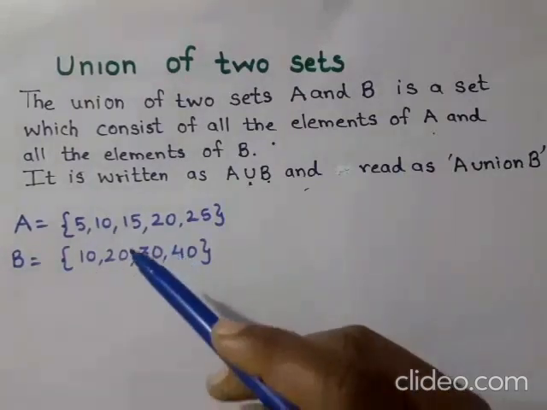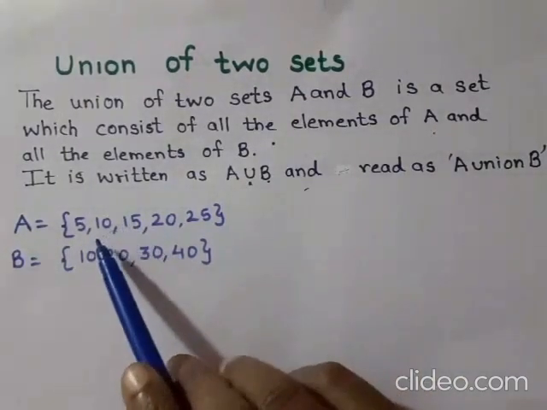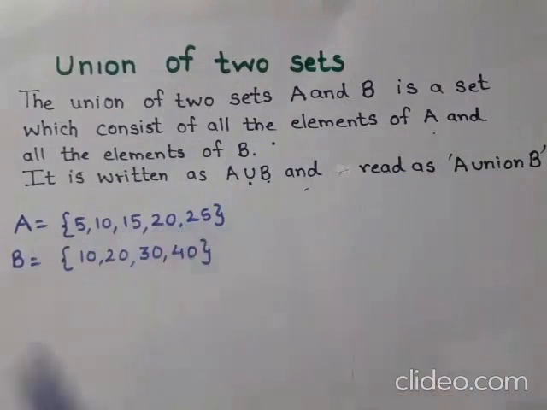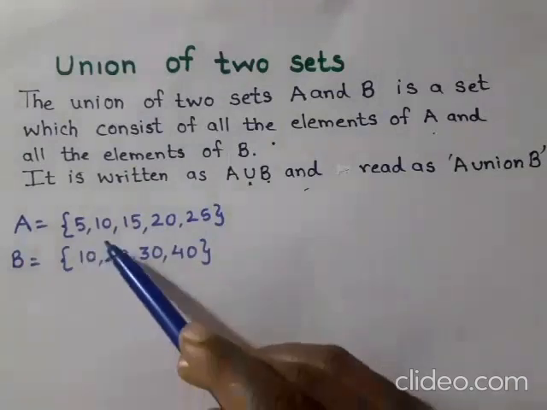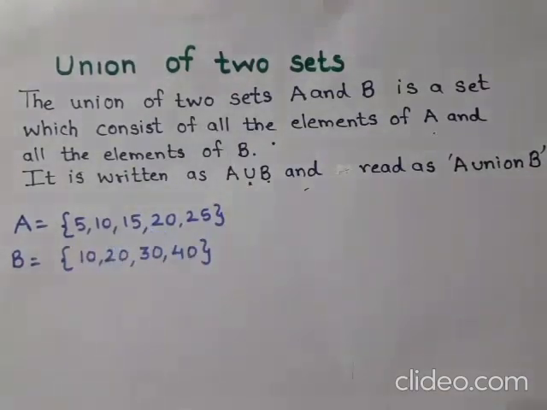Now first we will see here the elements 10 and 20 are common. That means if you are asked to write A intersection B, you will write the elements 10 and 20. But now we are talking about union.